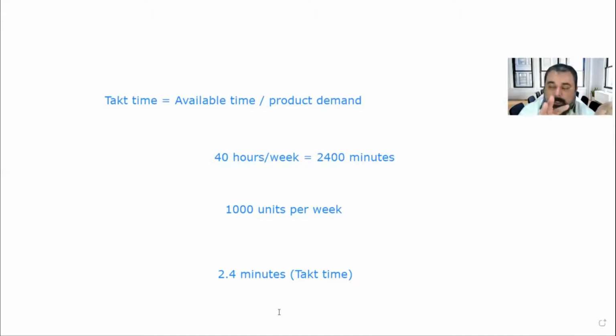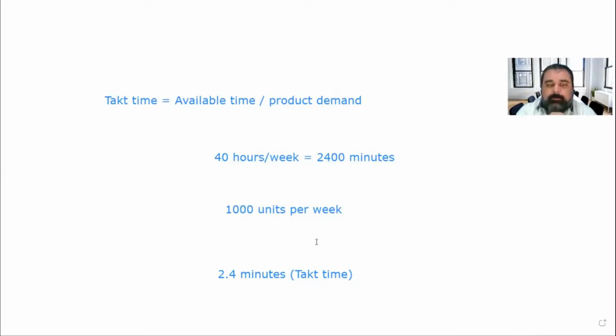And the moving assembly line will take one car from one assembly line position to the next in 2.4 minutes. So this will dictate the rhythm of the assembly line. The concept should be pretty straightforward to understand, and you can apply it to any kind of company.